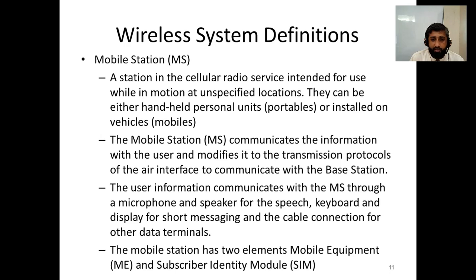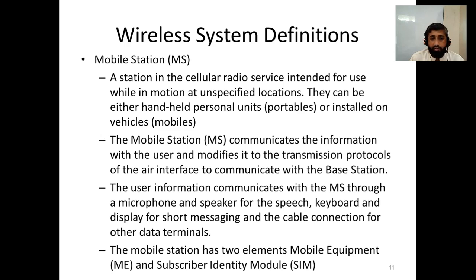So the first term is mobile station. A mobile station is actually any device which is designed to be in motion. It is not bound to be at a specific location. You can take the example of your mobile phone.